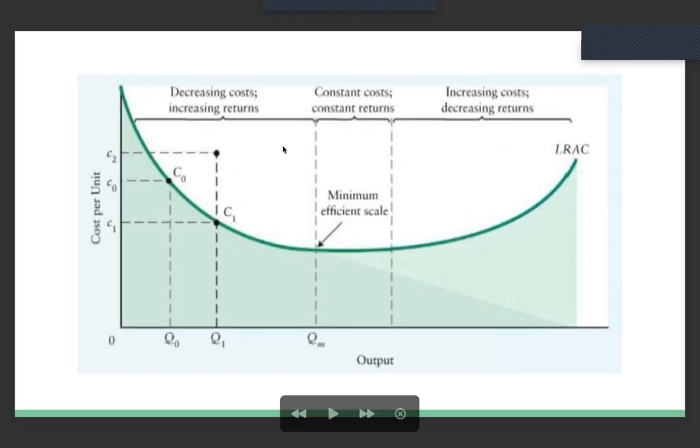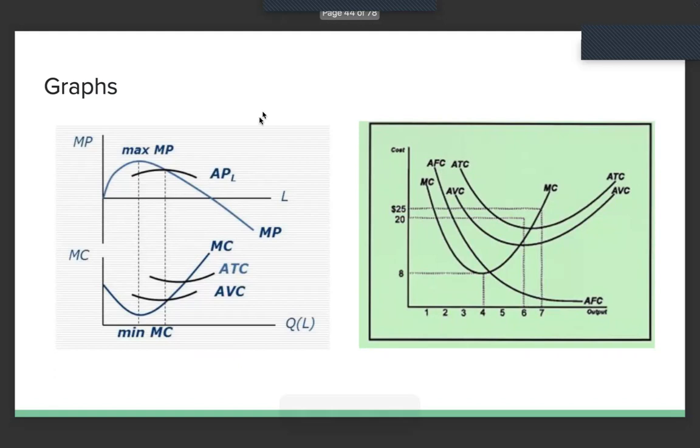Okay, now we look at the 3 parts of the long run average cost curve. The first section is where we have decreasing costs. So your costs are falling down. And we saw this is where we get increasing returns because the marginal product is increasing. Similar to what we had here, when your costs are falling down, your marginal product is increasing.